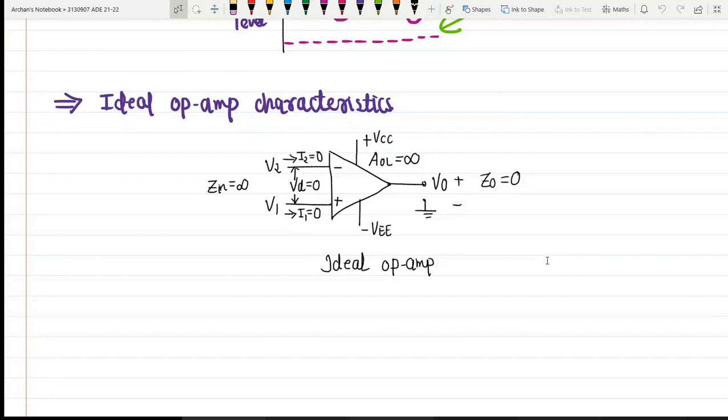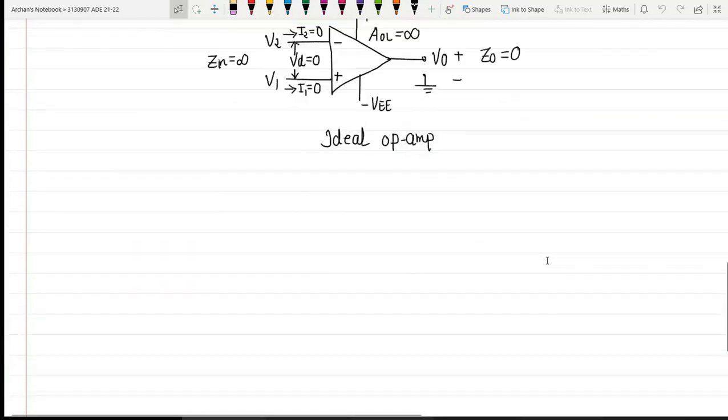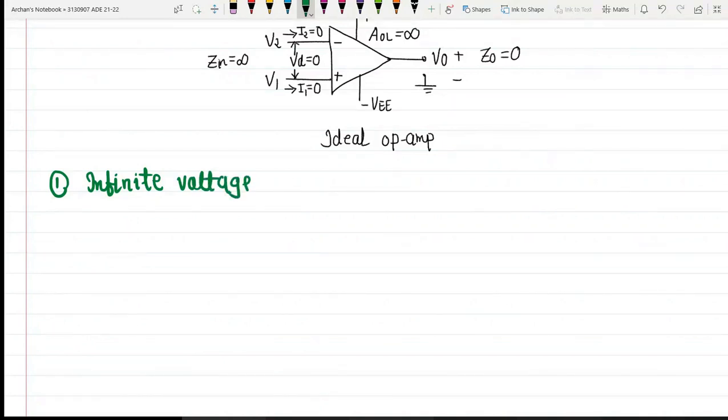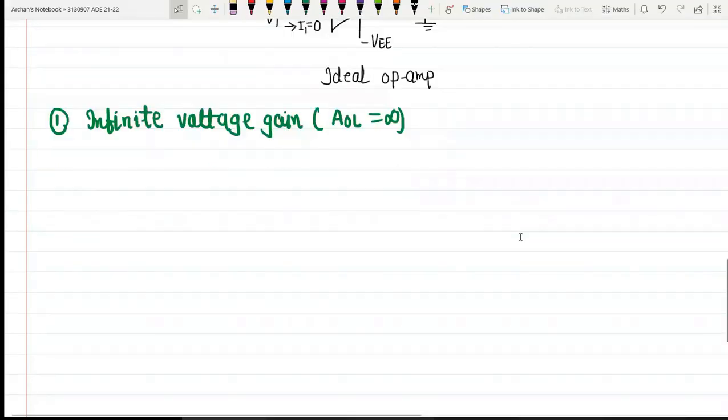The various characteristics of the ideal operational amplifier are: number one, infinite voltage gain. AOL is infinity. The infinite voltage gain of an operational amplifier is denoted as AOL.